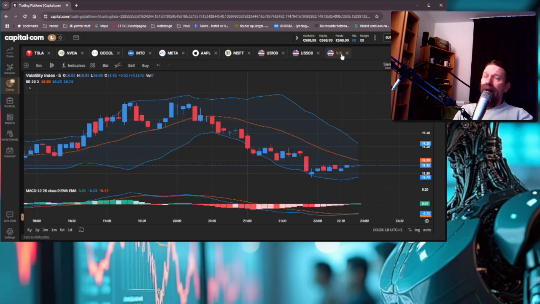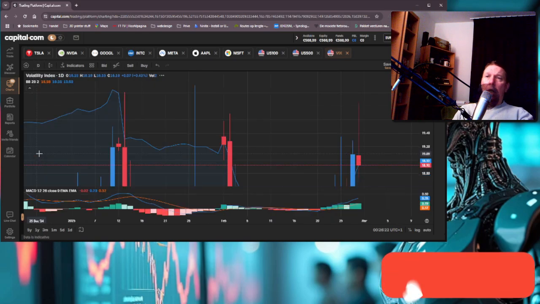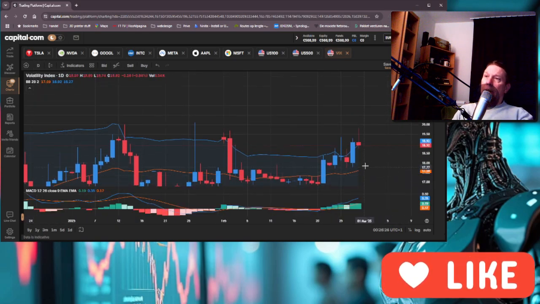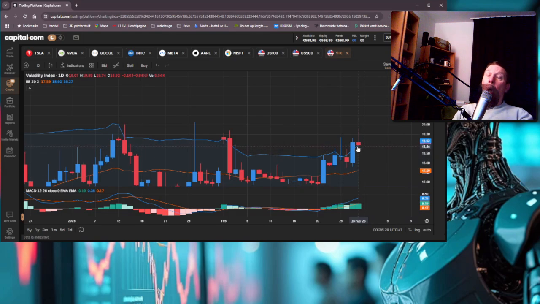Let's take a look at the VIX. This is the 1 day? No, of course, it's not the 1 day VIX. The 1 day VIX is right. We had a small blue day, which means we had a red candle in the VIX because they are always each other's opposite.